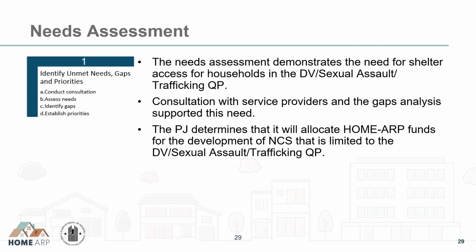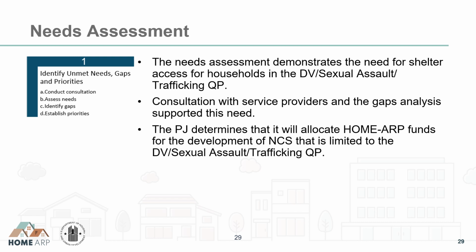The needs assessment demonstrates that there is limited and inadequate shelter access for households in the DV Sexual Assault Trafficking QP. Consultation with service providers also established that providing shelter for the DV Sexual Assault Trafficking QP with other QPs will create safety and confidentiality concerns that will inhibit the PJ's ability to meet the unique needs of the DV Sexual Assault Trafficking QP.